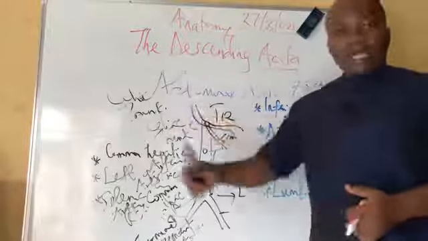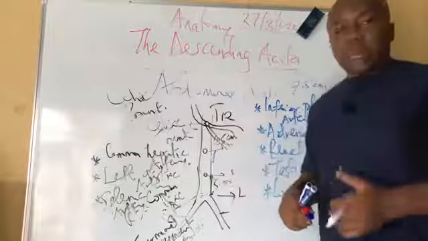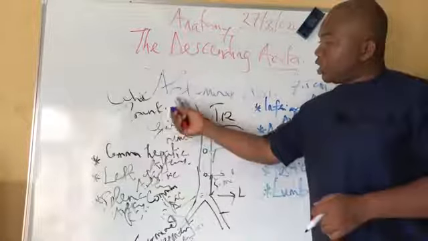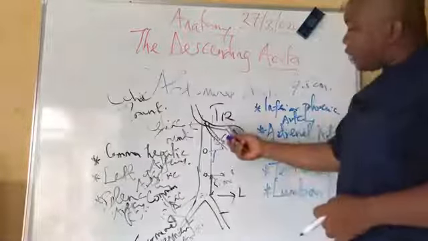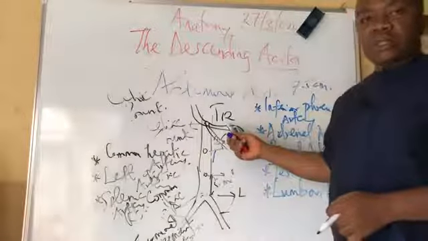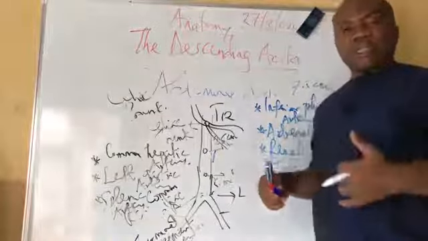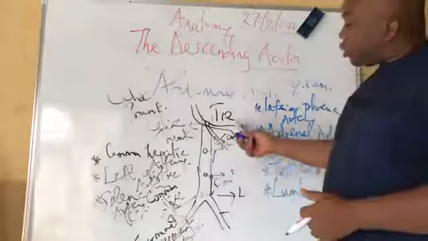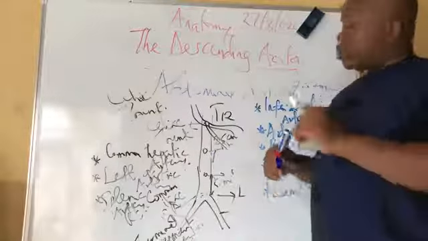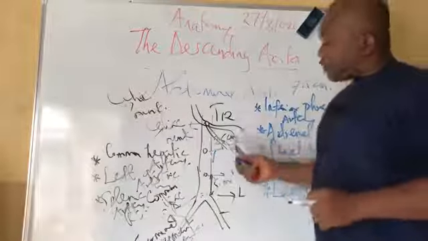It gives out a branch to the gallbladder, which is called the cystic artery. I want to point out again that the left gastric artery, aside supplying the lesser curvature of the stomach, it also gives a small branch to the inferior portion of the esophagus.